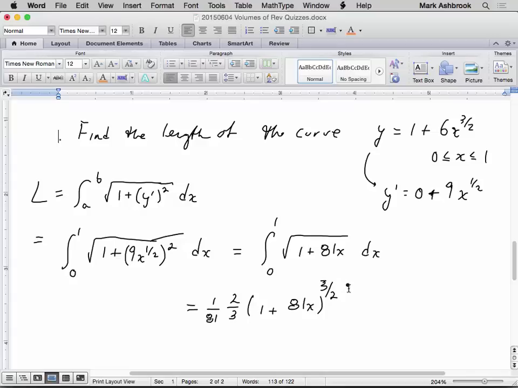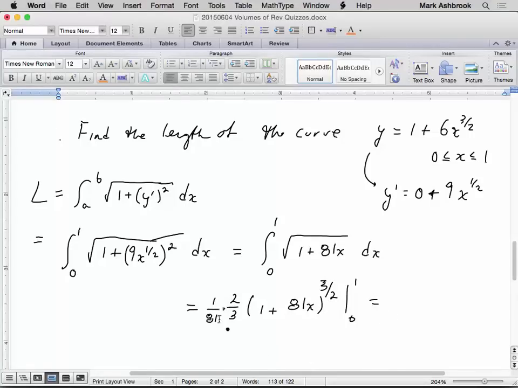Okay? And if you have been clutching to the u substitution, you're more than welcome to. And you'll get the same thing. 1 over 81, 2/3, 1 plus 81x to 3 halves from 0 to 1.